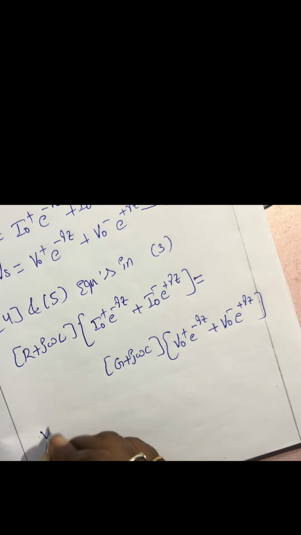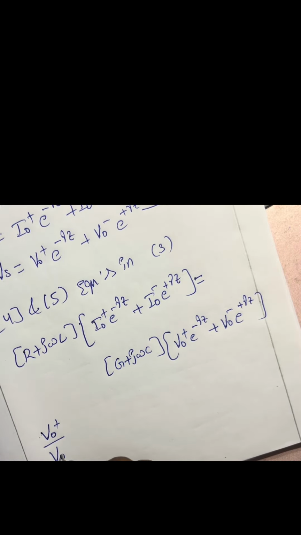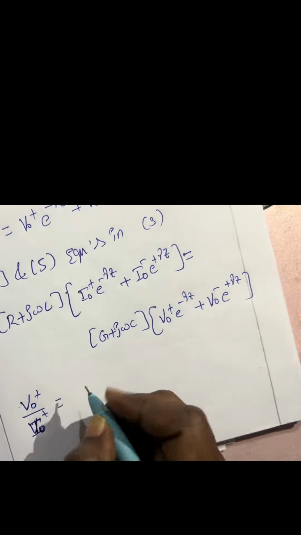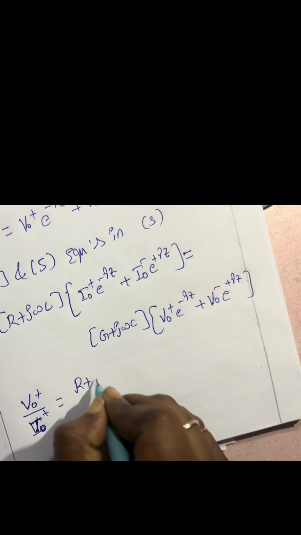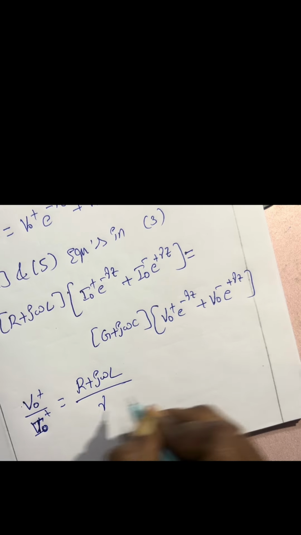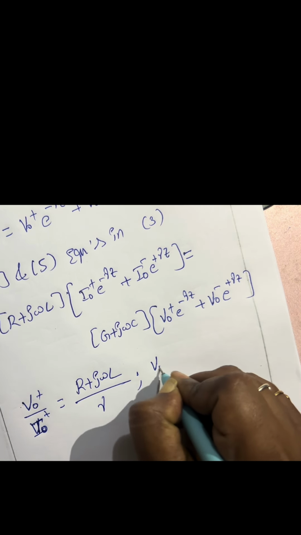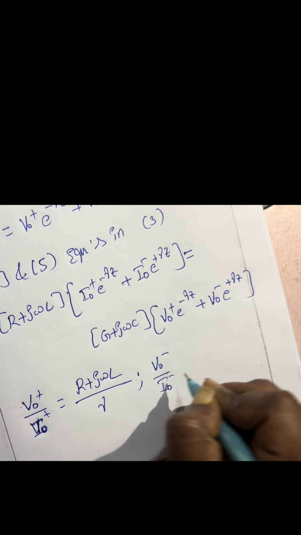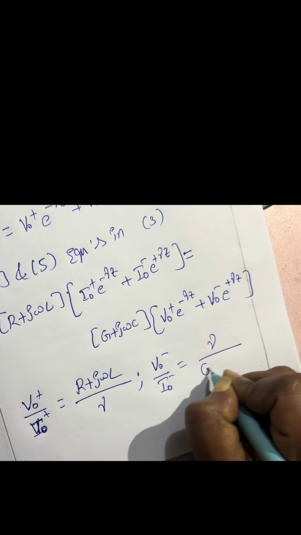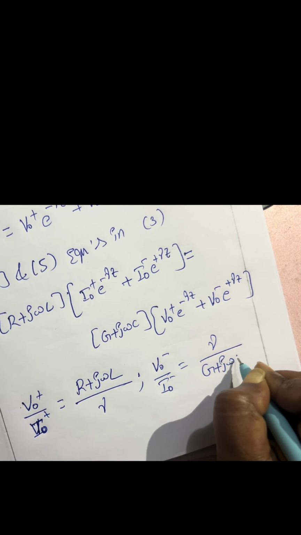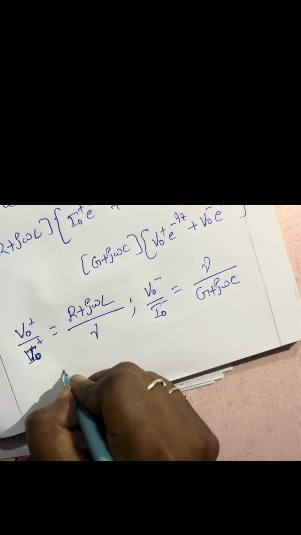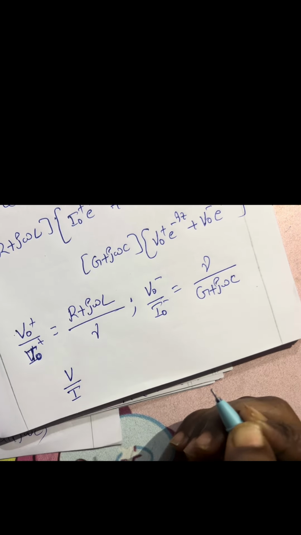Then we get V naught plus by I naught plus equals R plus j omega L by gamma, and V naught minus by I naught minus equals gamma by G plus j omega C.